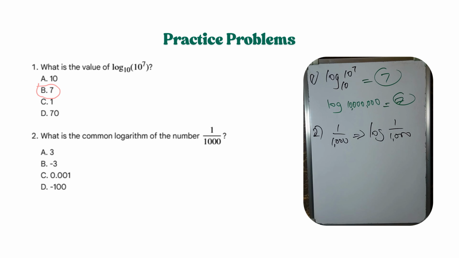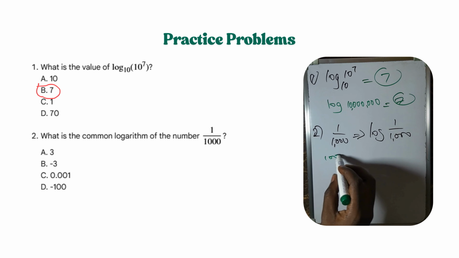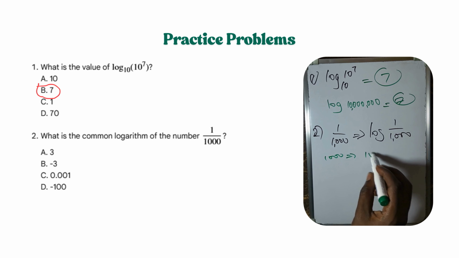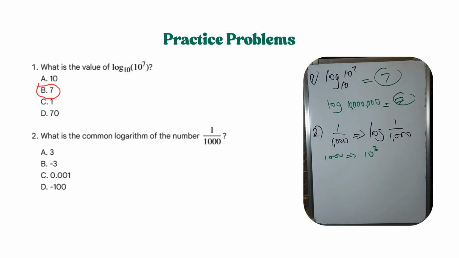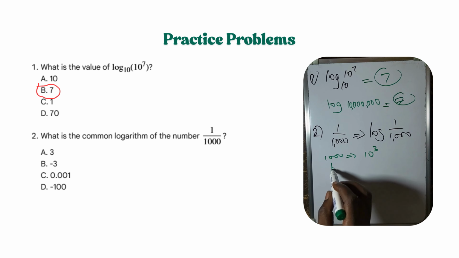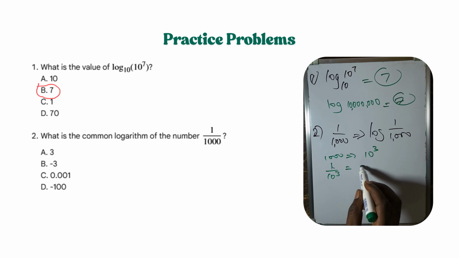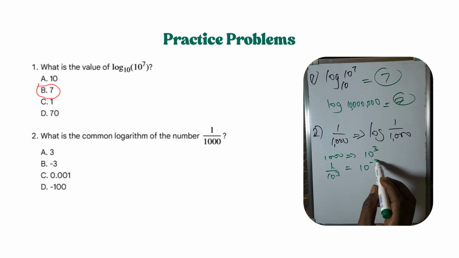First, you'll need to express the number as a power of 10 using the index law. Express this number as a power of 10. It is 1 over 10 raised to 3, which is the same as 10 raised to negative 3.